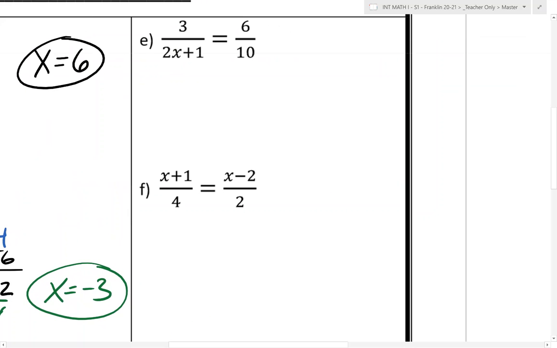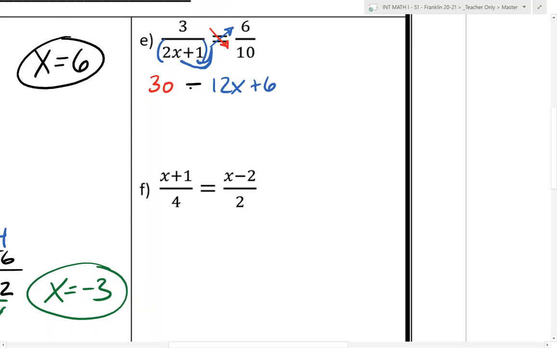Okay, example E. 3 times 10, that's 30. On the other side, we're doing 6 times 2x plus 1. So remember, you're distributing the 6 to the 2x and to the 1. So 6 times 2x is 12x. 6 times 1 is 6.